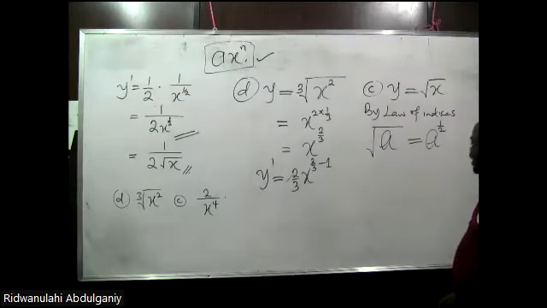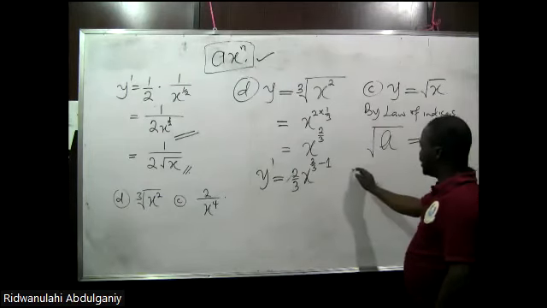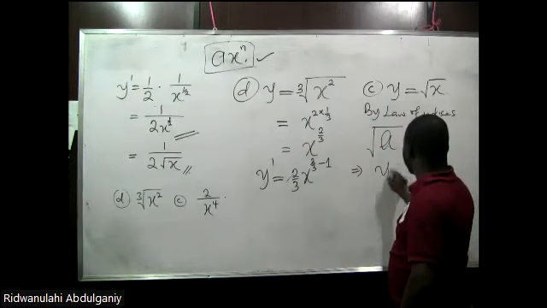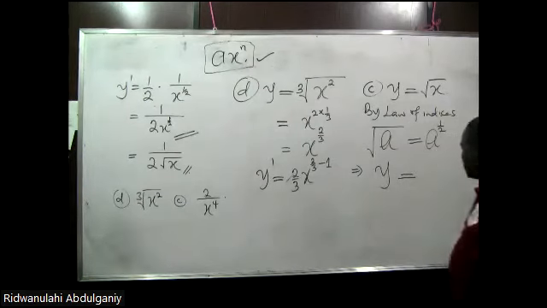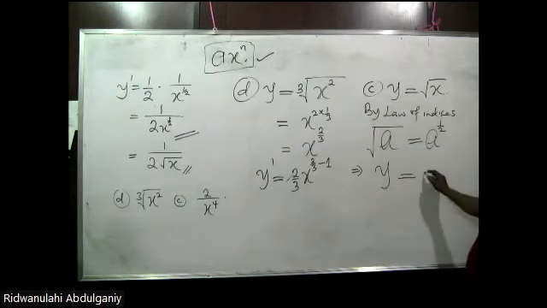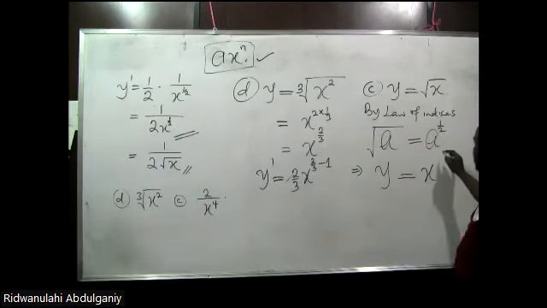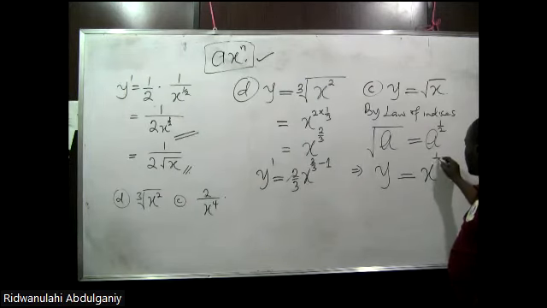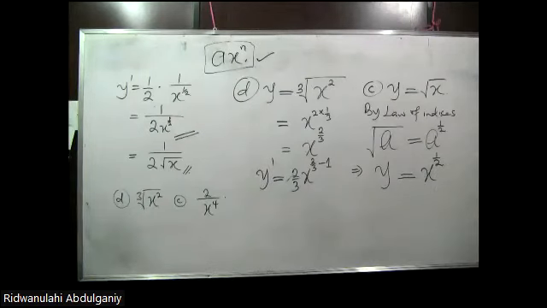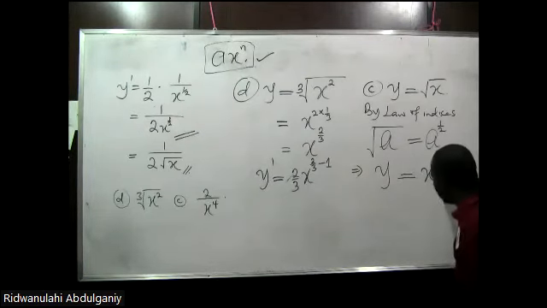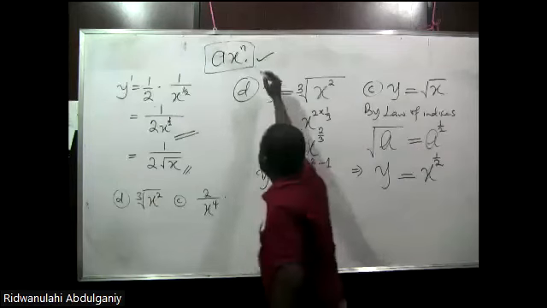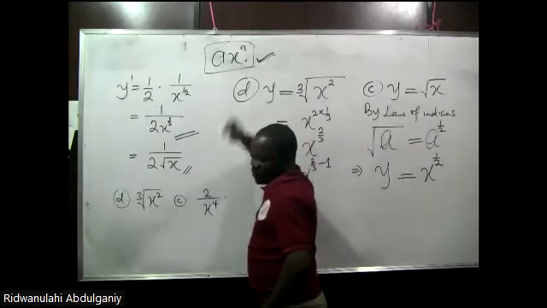Yes, sir. Now, if that is the case, this implies that y will equal x raised to power 1 over 2. Now we have written our question in this form.